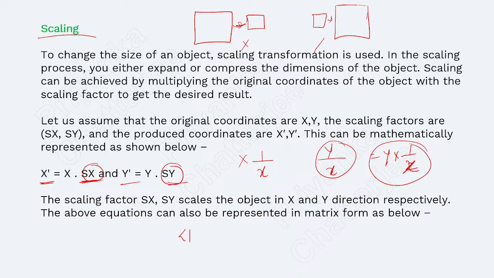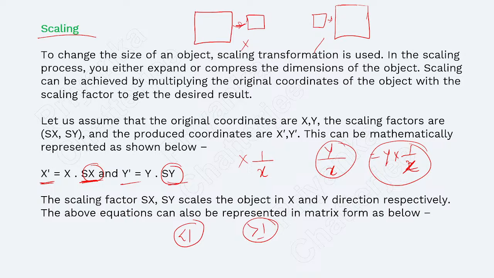So definitely size will be decreased when it is less than 1, and size will be increased when it is greater than 1. When my scaling factors are greater than 1, it is 2 times, 3 times, 4 times bigger. But half, 1 by third, 1 by fourth, that is getting smaller.